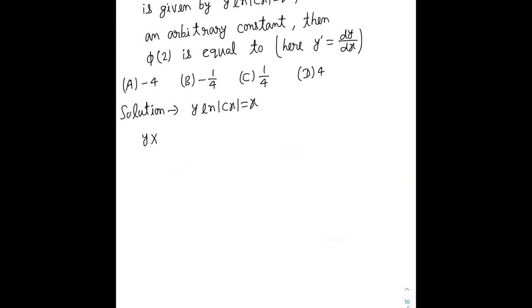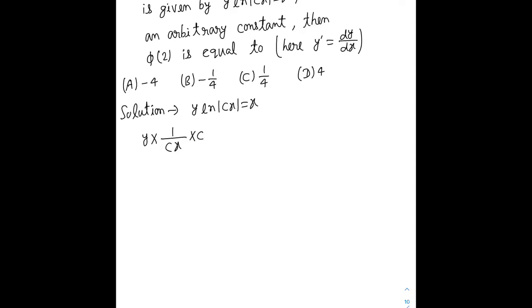Okay, so if you apply this method, then differentiation of log mod cx would be nothing but 1 by cx into the differentiation of cx, so that would be c. And if you are having any confusion, you can take two different cases, cx as positive and negative, and at the end you will get this only.